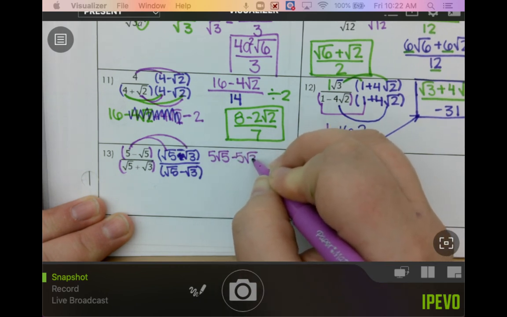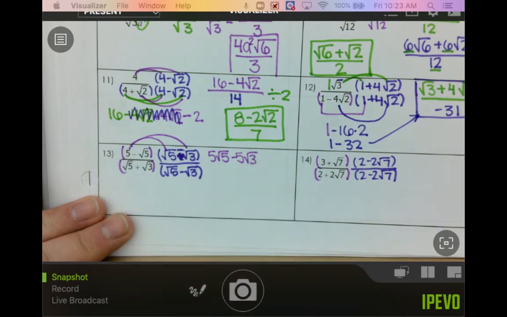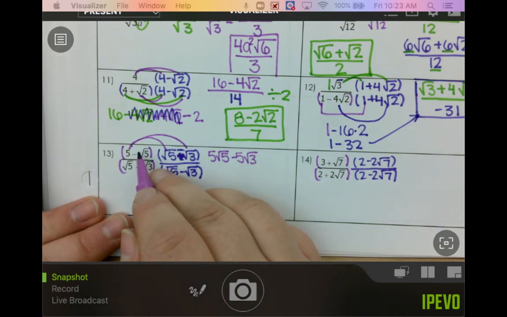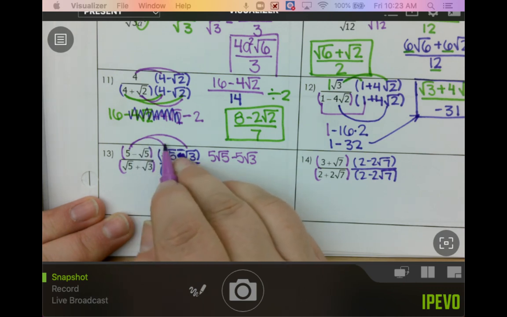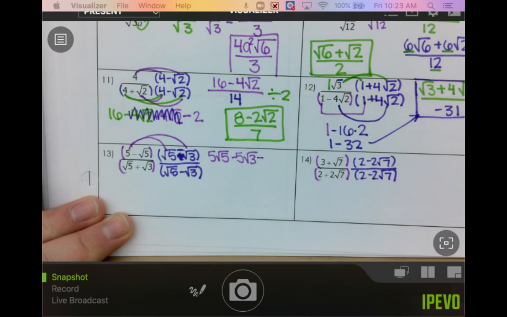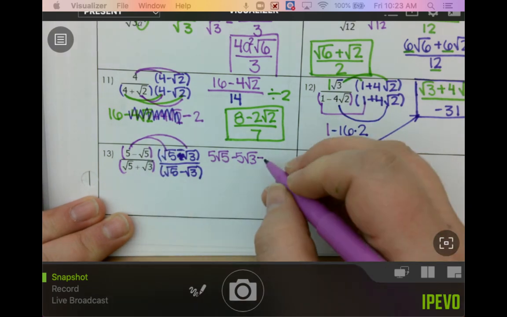So basically, when I multiply the 5 by these, it just puts a 5 in front. And then negative square root of 5 times the square root of 5. A negative times a positive is going to be a negative. And when I multiply the square root of 5 times itself, it cancels out the square root.